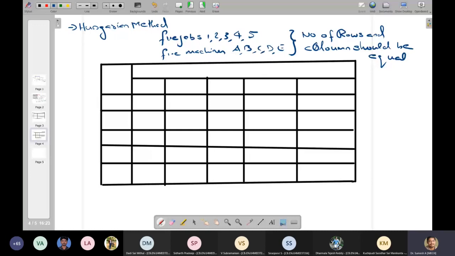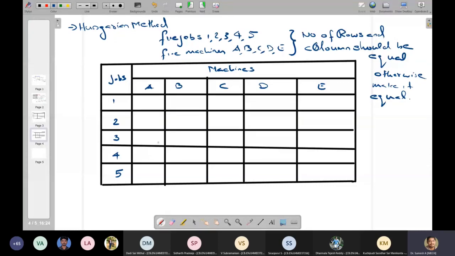So these are our machines: A, B, C, D and E. These are the jobs: 1, 2, 3, 4 and 5. And the corresponding costs are added here. These are the cost matrix, the C i j values. So the first row is 6, 7, 5, 9, 4.